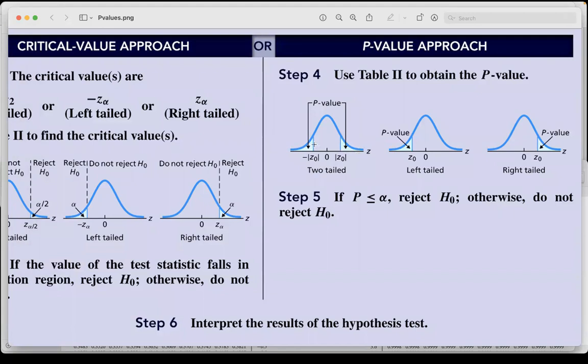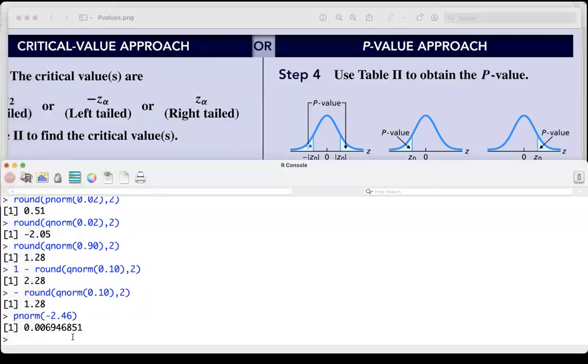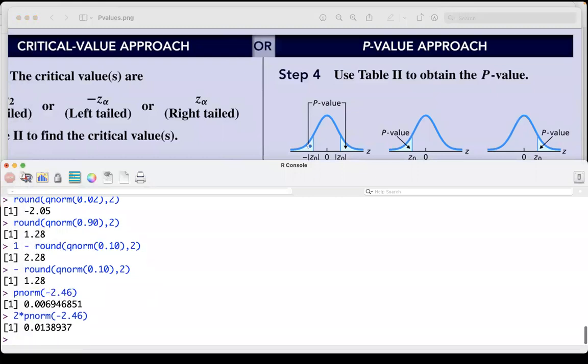So I would want to find the area to the left of negative 2.46 plus the area to the right of positive 2.46 and add them together. By symmetry, these areas are equal. And so you would take 2 times p norm of negative 2.46. That would be 0.01. And so if we were having a significance of 0.01, then we would fail to reject because our p-value would be greater than alpha.